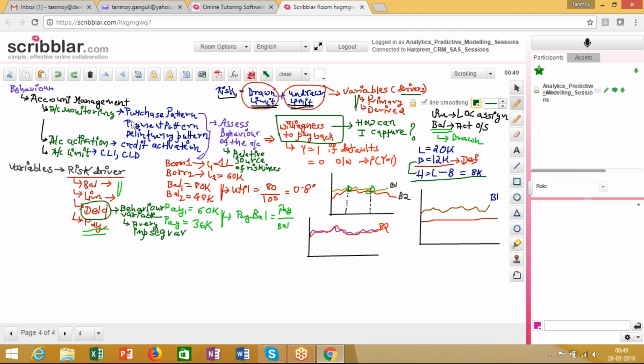Therefore, just by looking at the delinquency behavior, we can frame an idea of who are the relatively more risky borrowers and who are not. So, as of a given month, if I do not have any other variable, just by looking at the delinquency variable, I can get an idea of who is more risky and who is less risky, right?